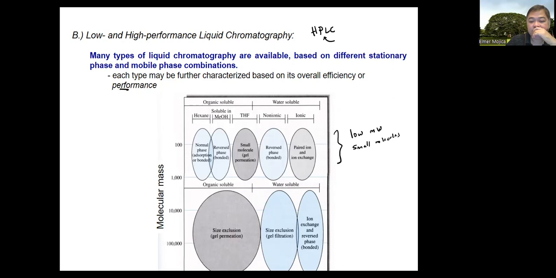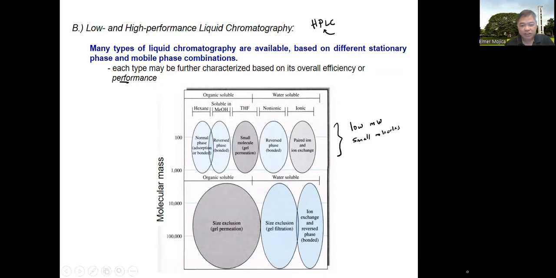Now, what do you think is the difference between gel formation and gel filtration? What makes them different? Usually you have big molecules. These are polymers, biomolecules. So what makes gel formation different from gel filtration?